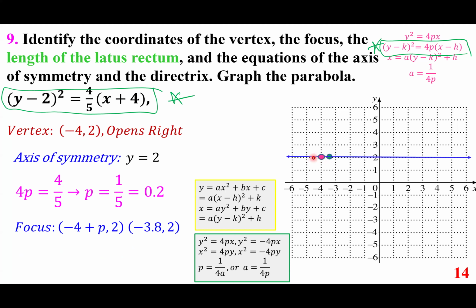Directrix is going to go back. So the x coordinate for the vertex is -4. I take it back by p. So x equals -4.2. Looking like that.